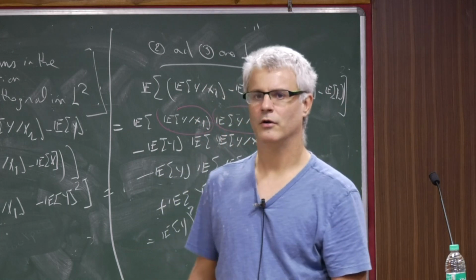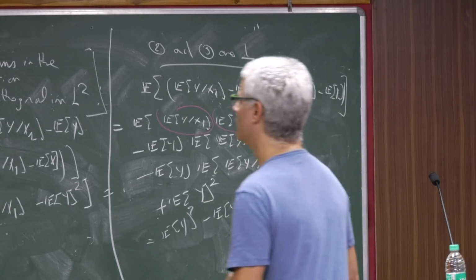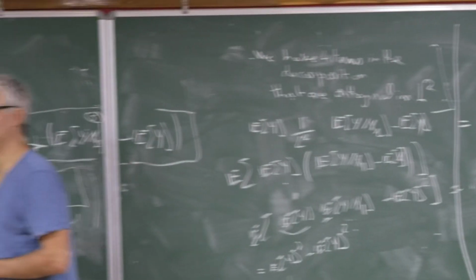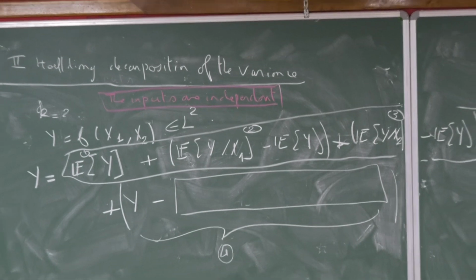And you can do all the other computations. You use exactly the same arguments. And at the end, you see that each term in the decomposition is orthogonal to the others, okay?